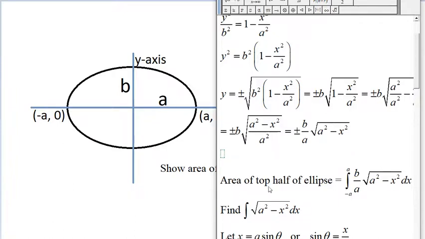So the area of the top half is the definite integral from negative a to a of b over a times the square root of a squared minus x squared dx. If we can find this, it gives us the area of the top half, and then to get the area of the entire ellipse, we multiply this by 2.